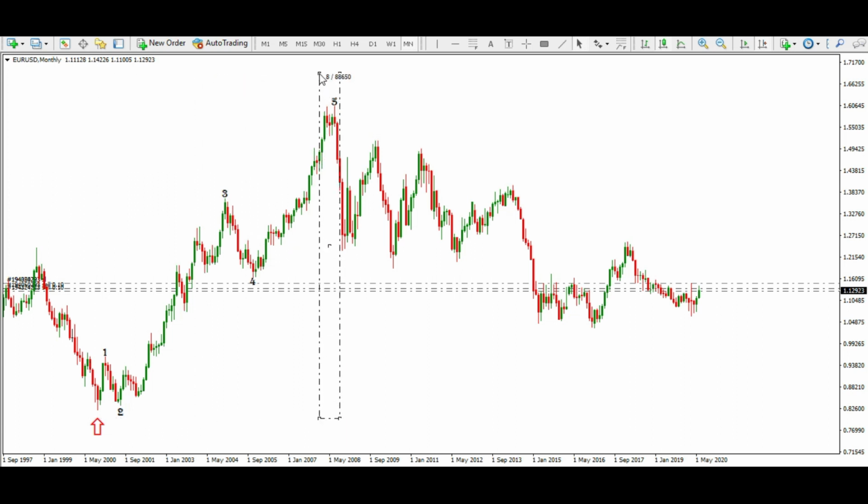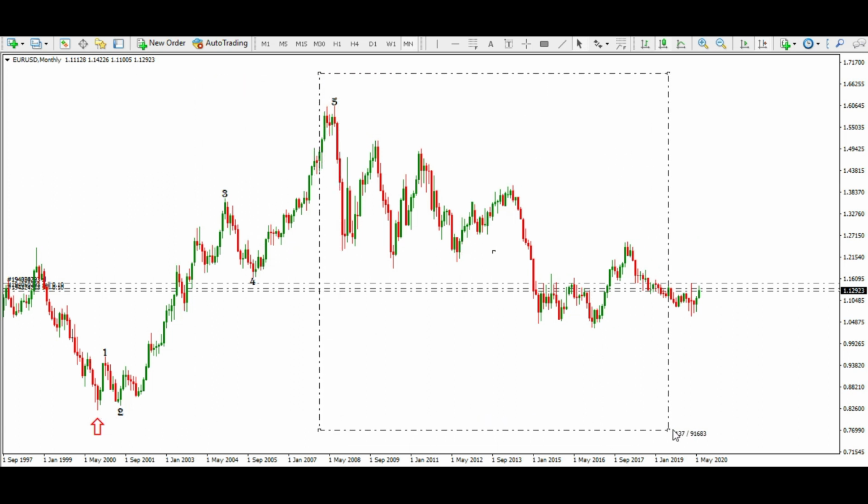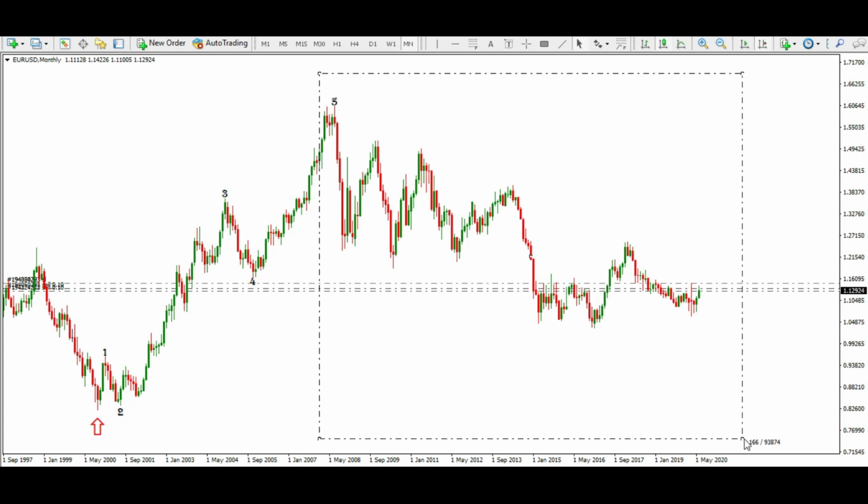Once the bull move came to an end, EURUSD started correcting in an ABC sequence from this significant price top.